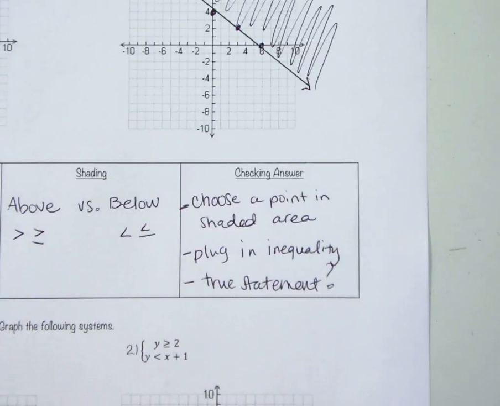So if you're unsure whether you've shaded correctly, choose a point in your shaded area, plug those coordinates into your inequality. Do you get a true statement? Here's what I mean by that.